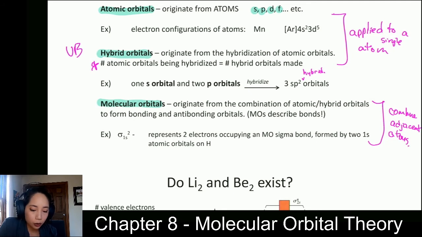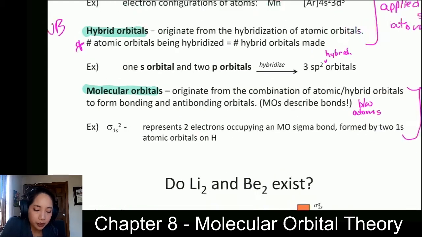Molecular orbitals come from the combination of atomic or hybrid orbitals on adjacent atoms to form bonding and antibonding orbitals. Molecular orbitals describe bonds between atoms.